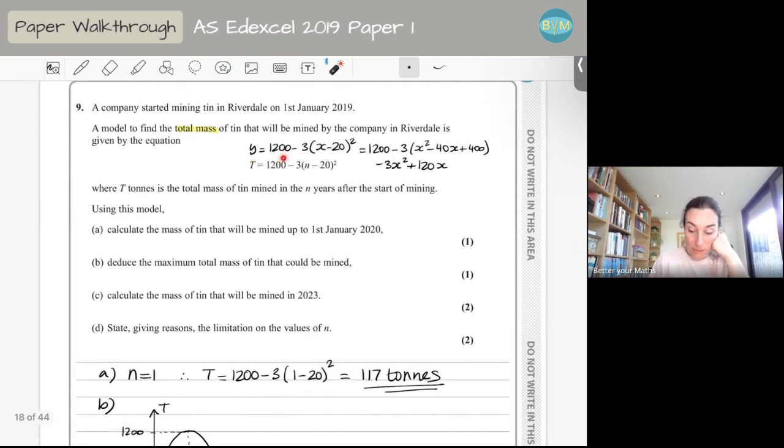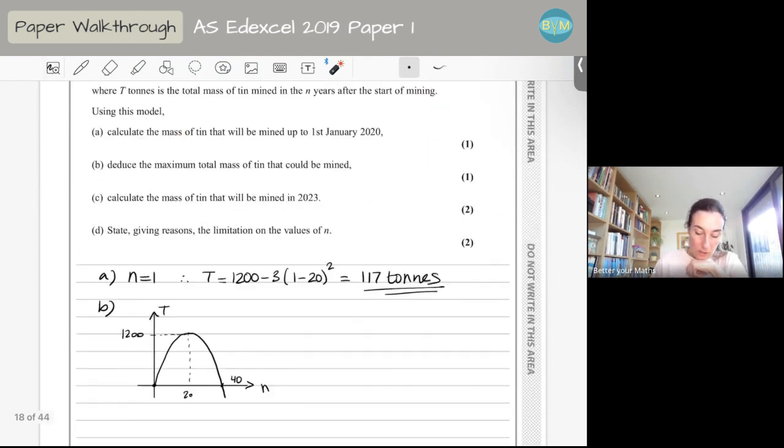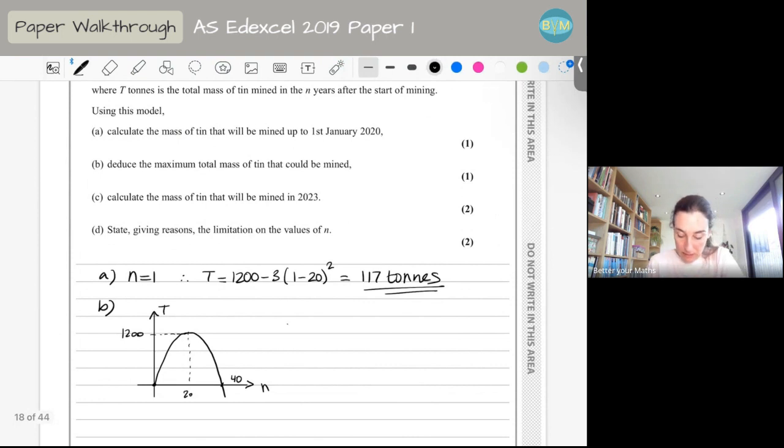The maximum of this function is when n is 20, and y is 1,200. So that's the maximum. T max, if you want to write it, is 1,200 tons.